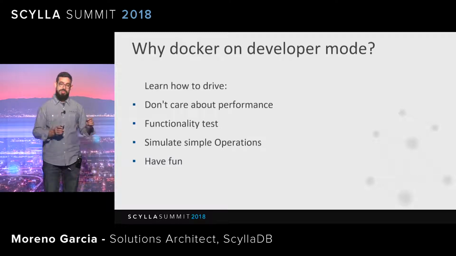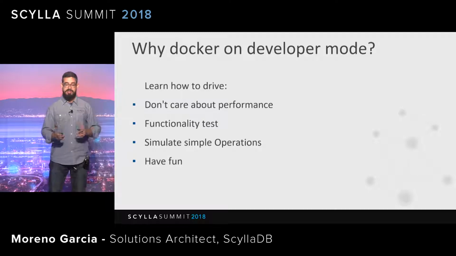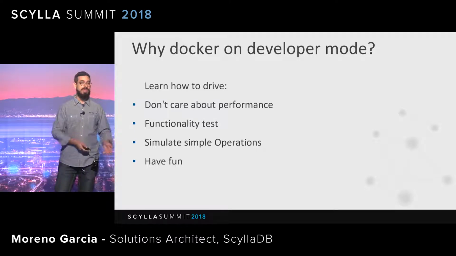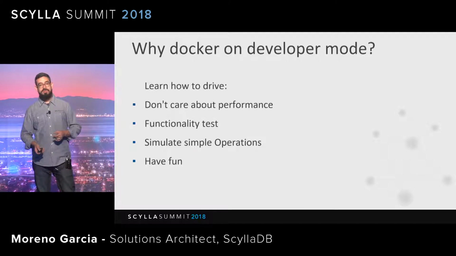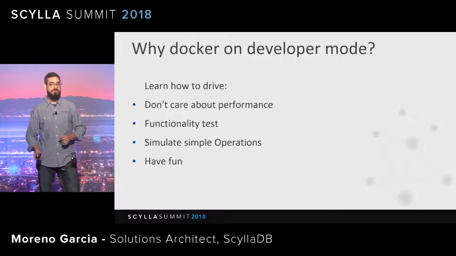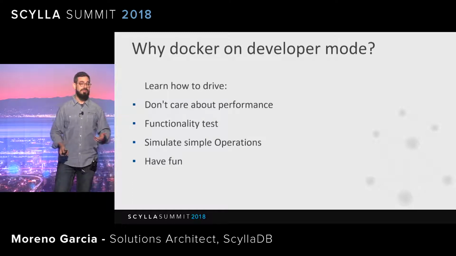But when you start with Docker, there are some things you should have in mind. You're not expecting the best performance ever, because you're probably just running on your laptop or some old machine. You're doing things like testing functionality. So, for example, we were talking about materialized views or the in-memory feature for Scylla. That would be a good use case.